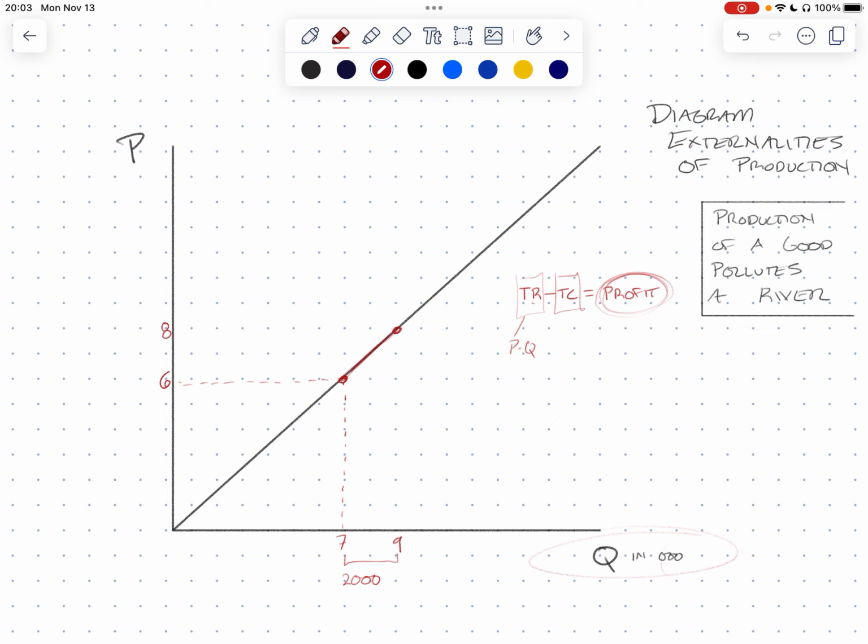And so, because of that, we can start to see here that in fact, the supply curve represents not just the willingness and ability of producers, but it also represents the cost of producing an additional unit of the good.